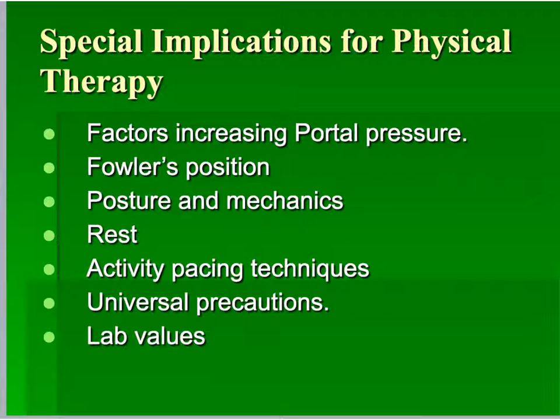We need to wash our hands, of course, and use gloves and gowns. And if patients have hepatitis B or hepatitis C, then you need to use more specific precautions, like maybe a gown, a face mask, and eye goggles, etc.